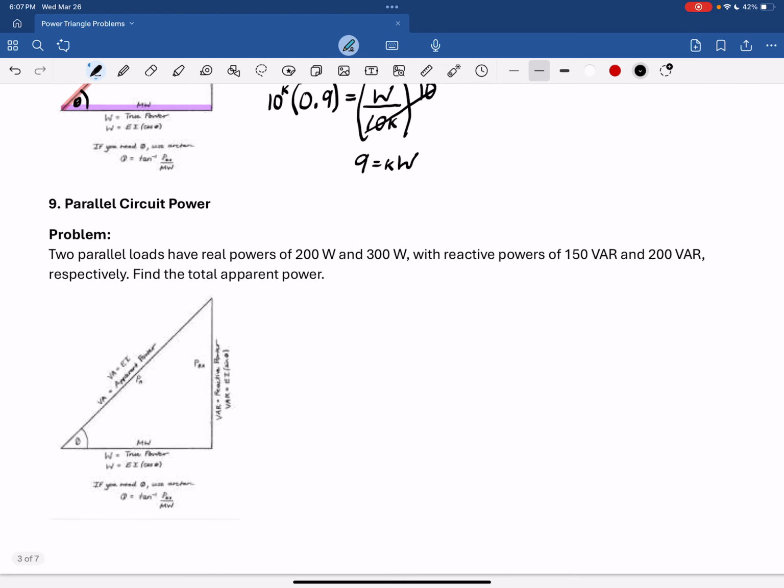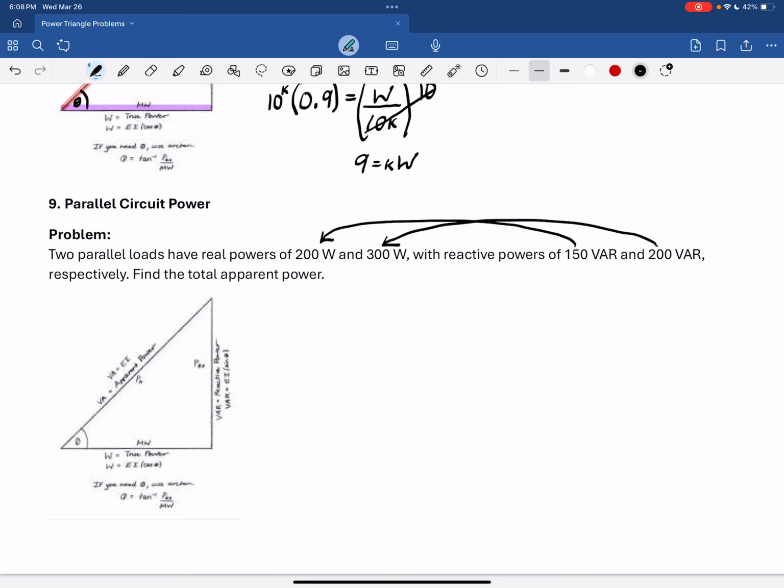And finally, number 9, we have parallel circuit power. Two parallel loads have real powers of 200 W and 300 W, with reactive powers of 150 VAR and 200 VAR respectively. So what that respectively means is that this 150 goes with the 200, and the 200 goes with the 300 because of the order they're mentioned in the problem.